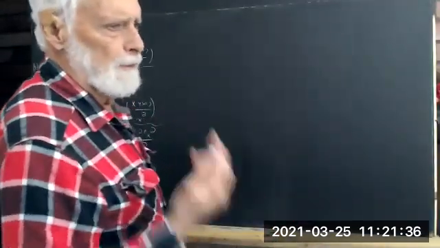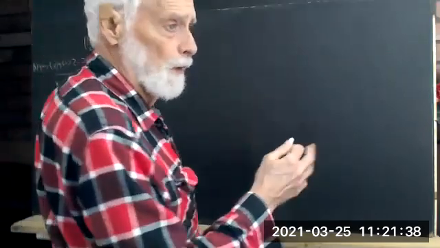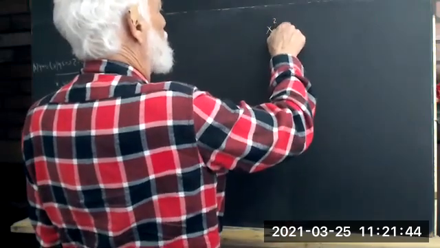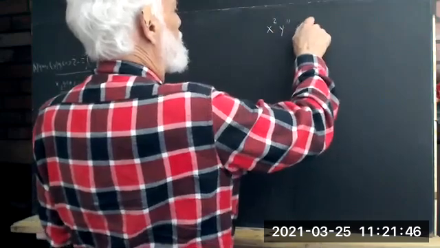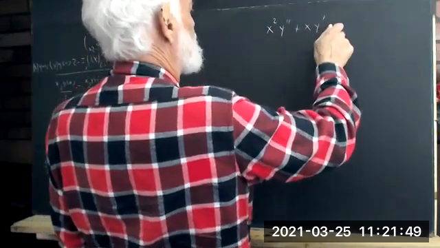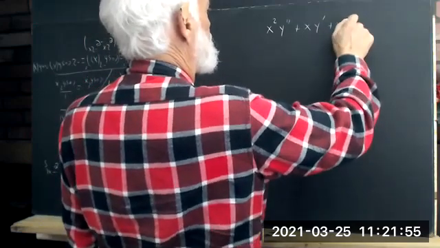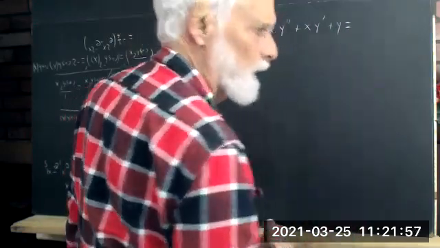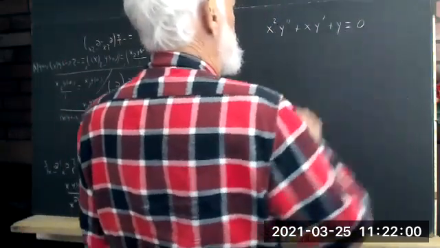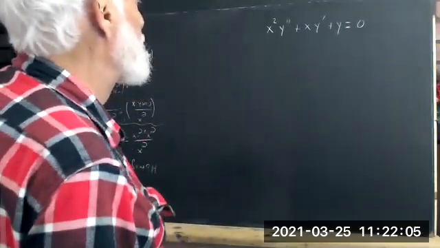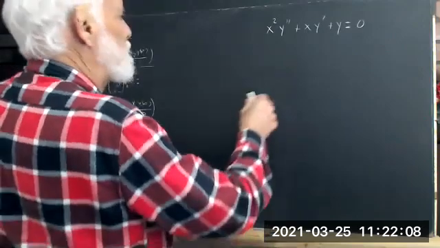For a Cauchy-Euler equation, I'm just going to give you an example rather than give you the general form. A second order Cauchy-Euler equation would be like x squared y double prime plus x y prime plus y equals something else. I'm just going to do a homogeneous equation here, just to demonstrate the trial solution.